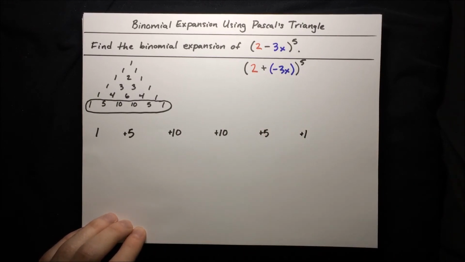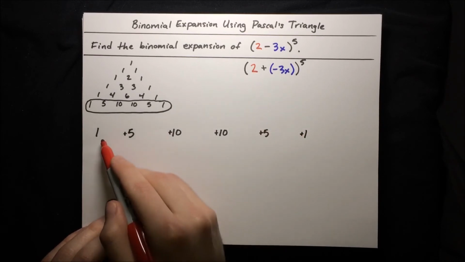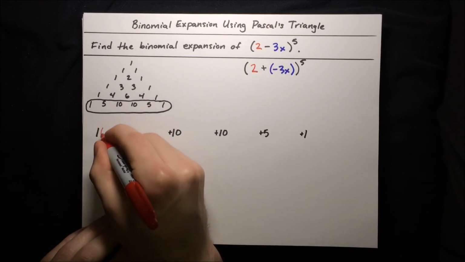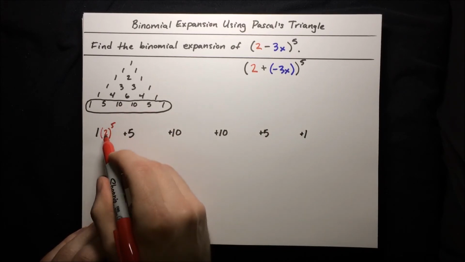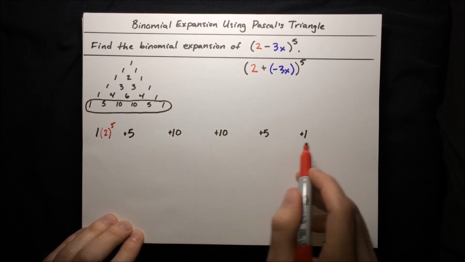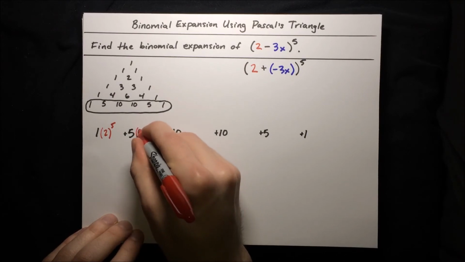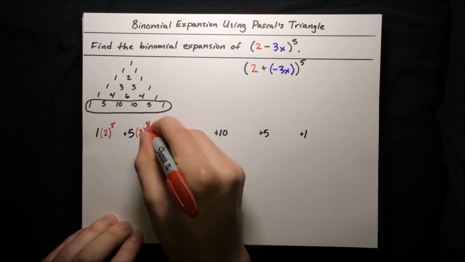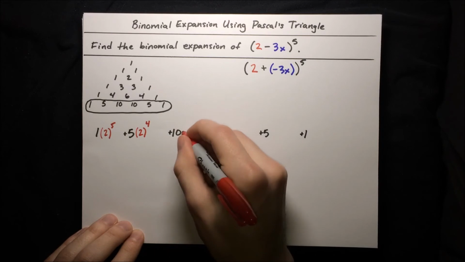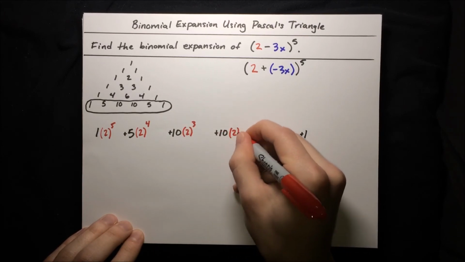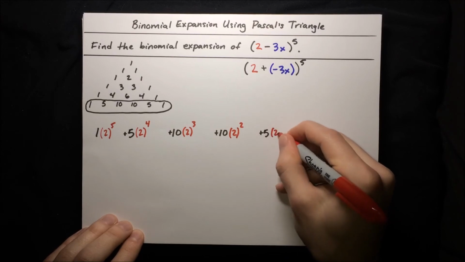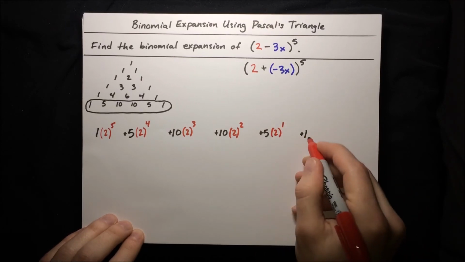So starting out with multiples of 2, in our first term, we have 2 raised to the full power of 5, and then the power just decreases going forward into the other terms. So next term is 2 to the 4th, decrease that 5 down to 4, and then decrease the 4 down to 3, then decrease again to 2, decrease again to 1, and then it just doesn't appear in the last term.